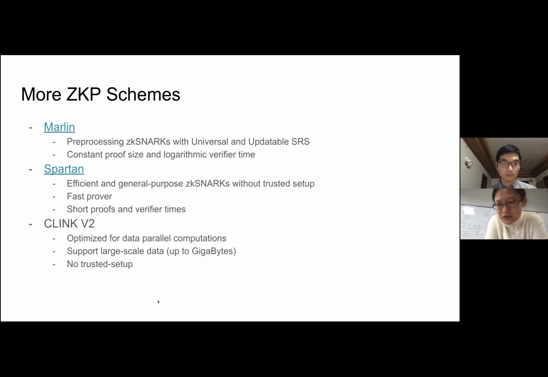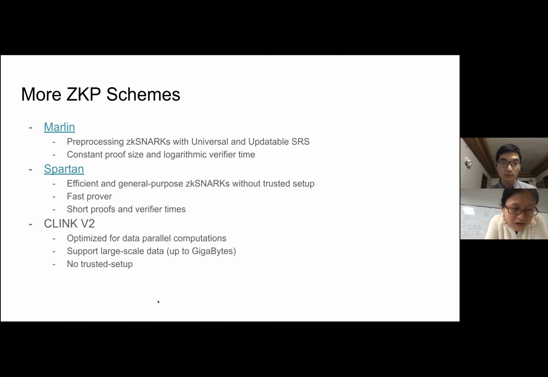It is also R1CS based, and it has no trusted setup. It also features short proofs and okay verification time, but its prover is about an order of magnitude faster than Groth16.